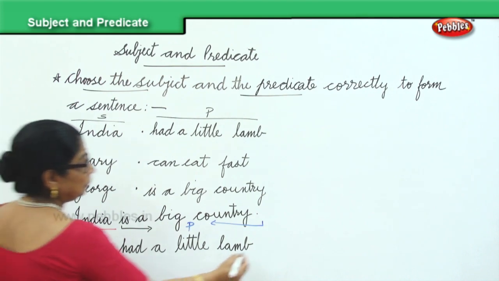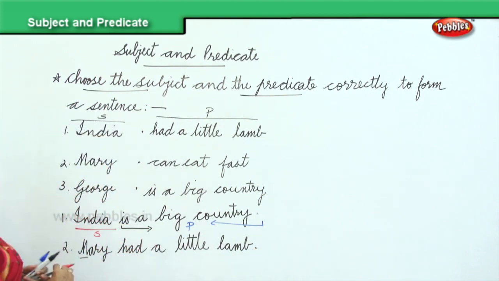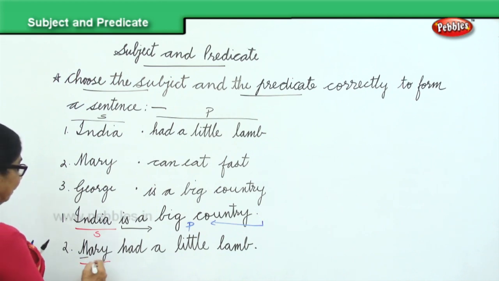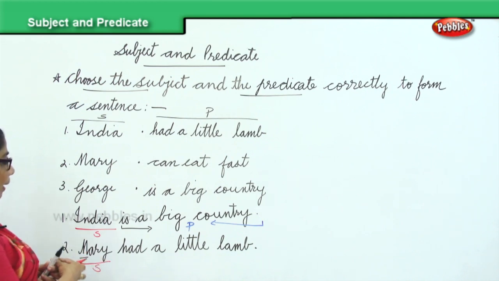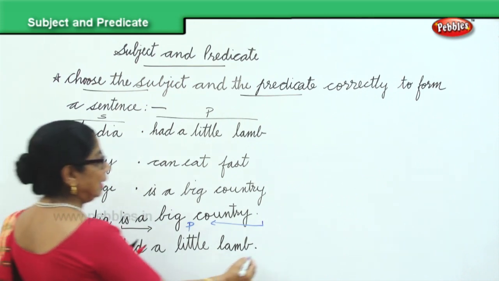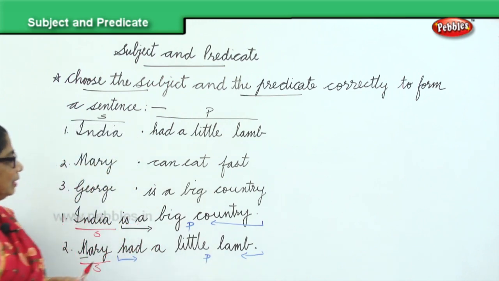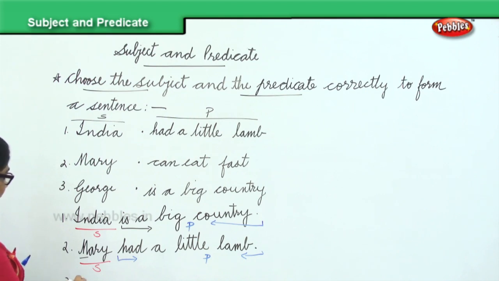Capital letter, ends with the full stop. So we have the first part, Mary, being the subject, and then the second part, had a little lamb, ending with the full stop.